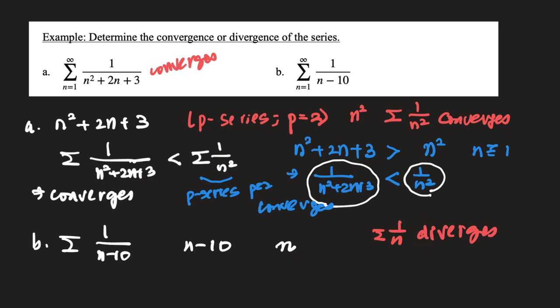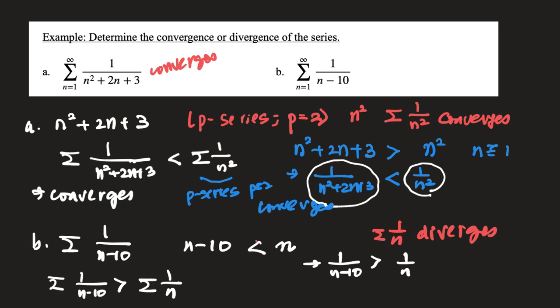So let's compare n minus 10 and n. Which one is bigger? Of course, n is bigger, because you subtract 10 from the other. Which means 1 over n minus 10 and 1 over n: when you flip it, this one is bigger. So now this series is greater than the summation of 1 over n. We know this diverges because it's the harmonic series.